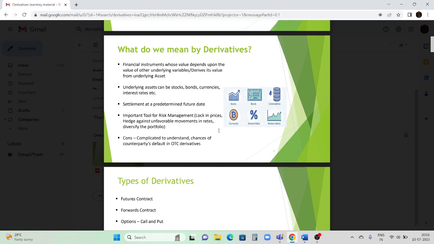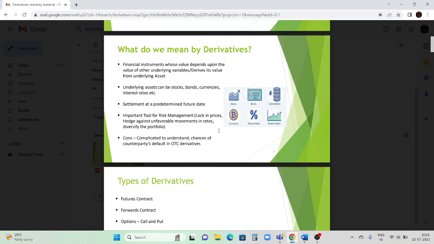A derivative is a financial instrument whose value depends upon the value of other underlying variables, or it derives its value from an underlying asset. This underlying asset can be a stock, bonds, interest rates, or currencies.